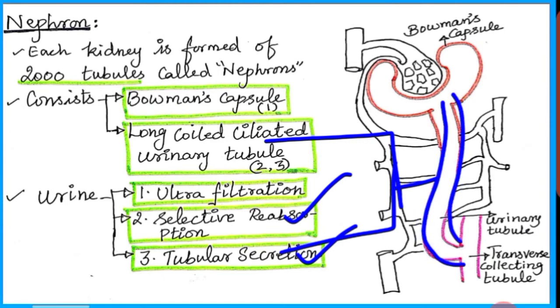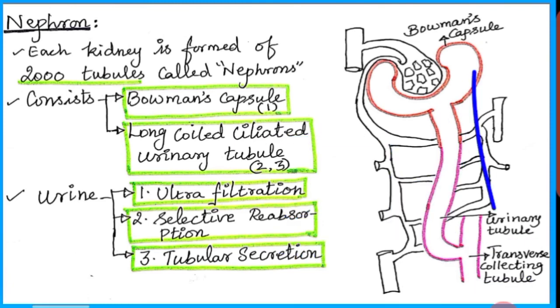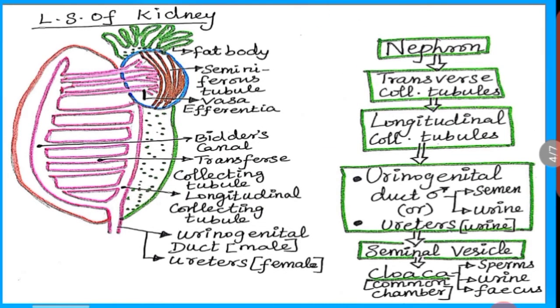After that, the nephric filtrate enters the transverse collecting tubule, right? The nephric filtrate transfers from the nephron and enters the transverse collecting tubule. See the picture, it is a kidney.